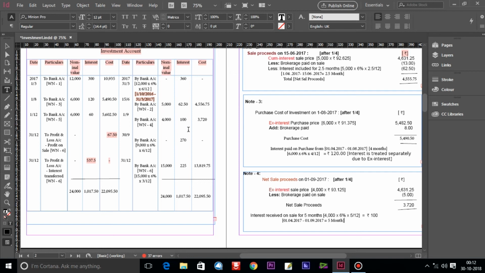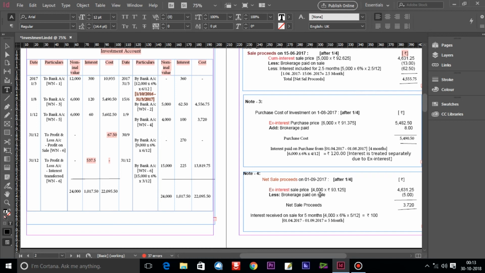And the total amount being 3,720, because we deducted rupees 500, that amount was 4,000 into 93.125.